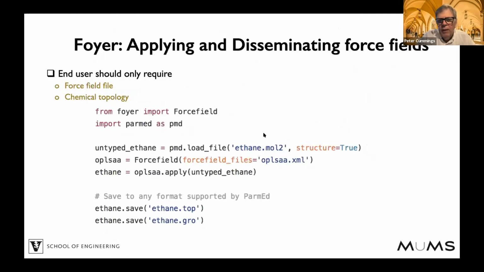You specify that you're going to use the OPLS all atom force field, and then you apply the OPLS force field to that molecule, and now you have it with the force field applied. You can save it to any format that's supported by ParmEd, for example a topology file and a GROMACS file. So it's very easy to apply force fields within MoSDeF, even to very complicated systems. This is obviously a very simple system.